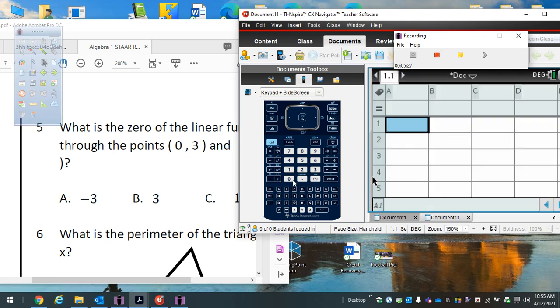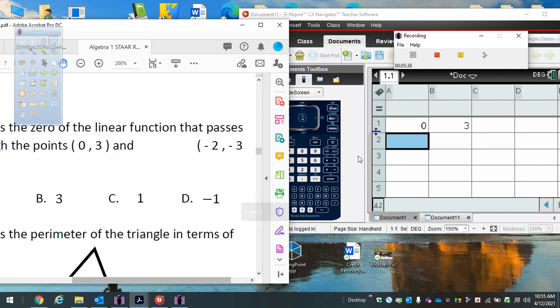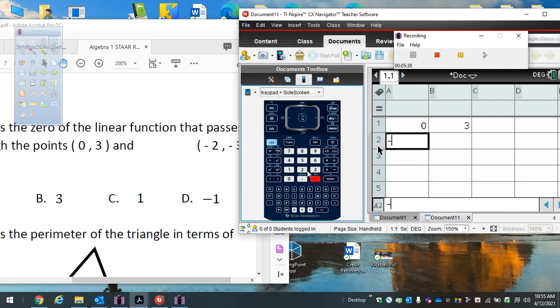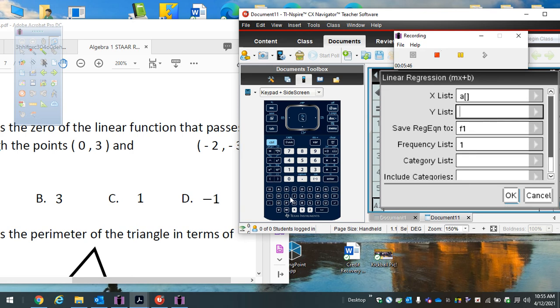And put those points, 0, 3, and -2, -3. And here, menu 413. And what would it be? Control this.